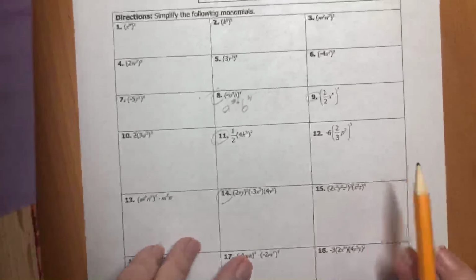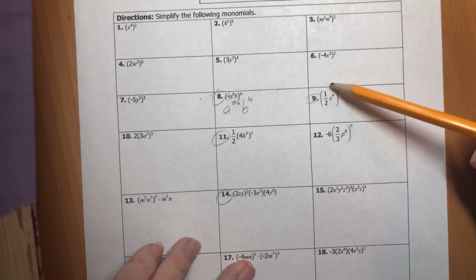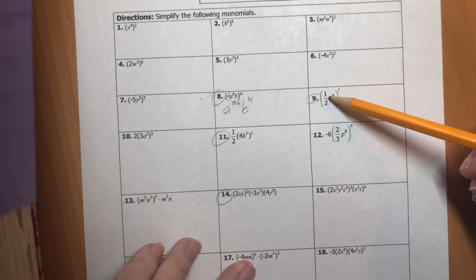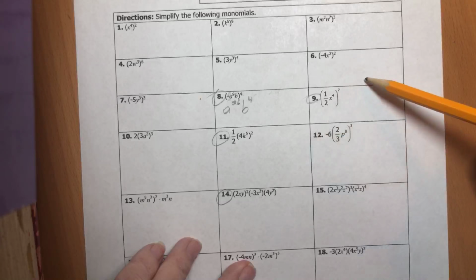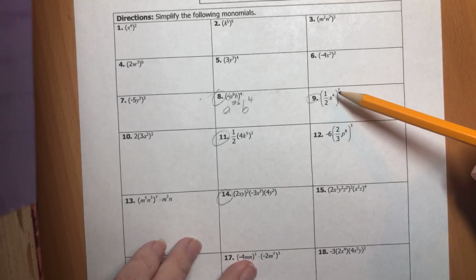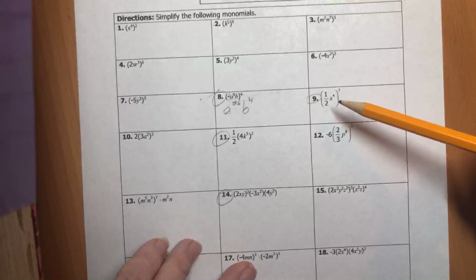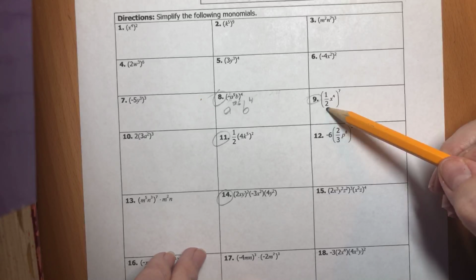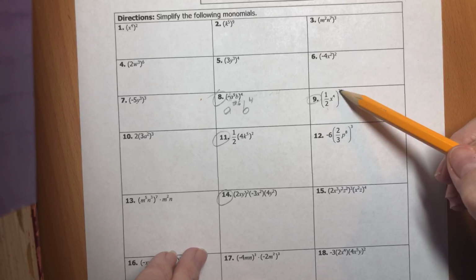The second one I want to show you is one with a fraction in the front. I just want to let you know that you treat that like any other number. So everyone pick up your calculators right now. Don't just wait for one person in the classroom to do it, or the teacher. Everyone in the class pick up your calculator right now, even the people who are going ahead. Because this is the coefficient, you're going to raise this to the 7th power.